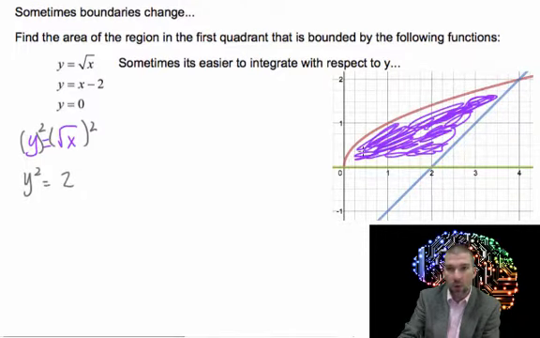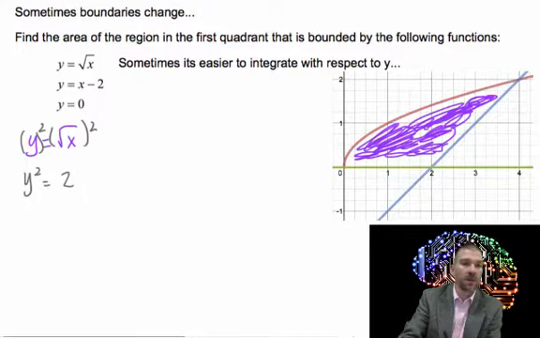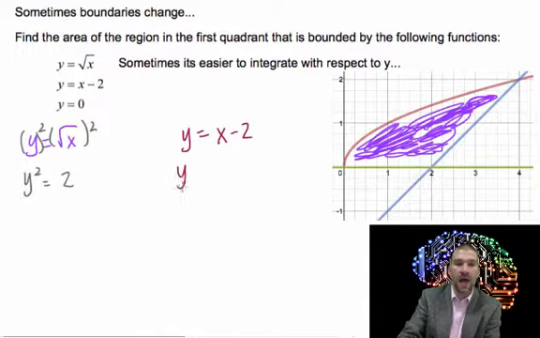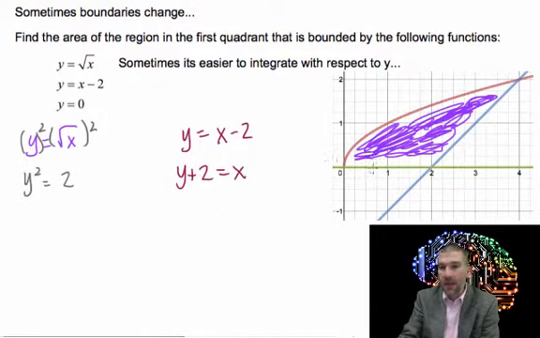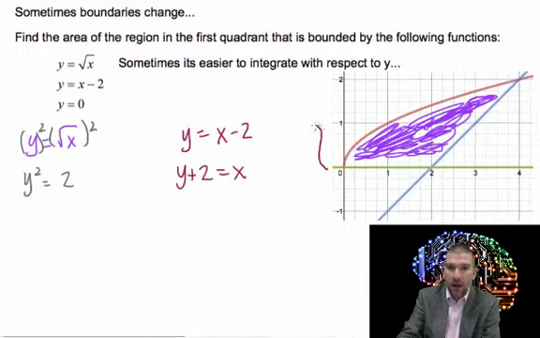Bad colorblind mistake there. On the other side, if I've got y equals x minus 2, then all I have to do is add 2 to both sides. And now I don't integrate on x numbers, I integrate on y numbers.